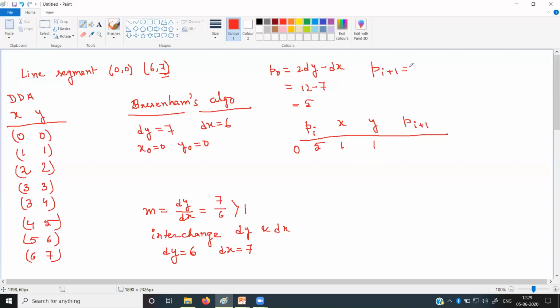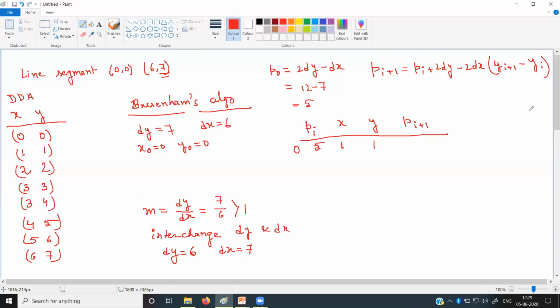So what is the formula for p of i plus 1? As I just discussed before, p of i plus 1 is pi plus 2 dy minus 2 dx, within bracket, y of i plus 1 minus y of i.